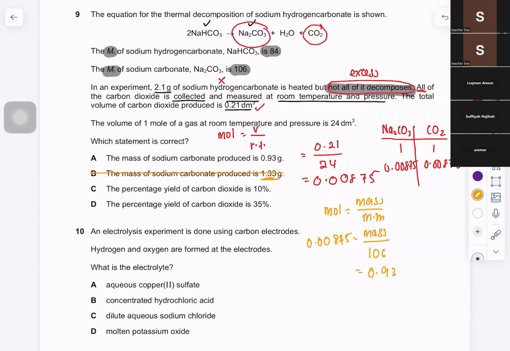So kita tak boleh make 2.1. So we need to take the 0.21 because they said that the carbon dioxide is collected and measured at room temperature and pressure. So the total volume of carbon dioxide produced is 0.21. The total volume. So maknanya you tahulah how many that sodium hydrogen carbonate yang completely reacted.